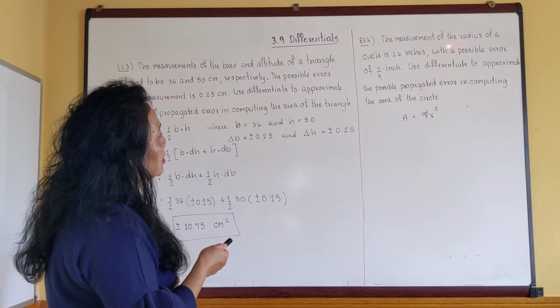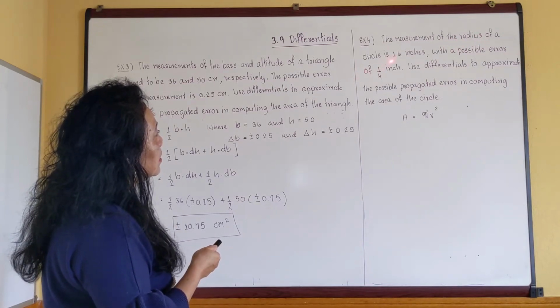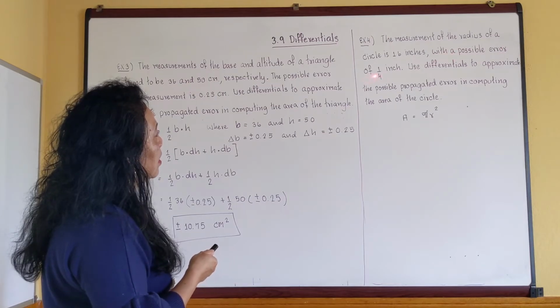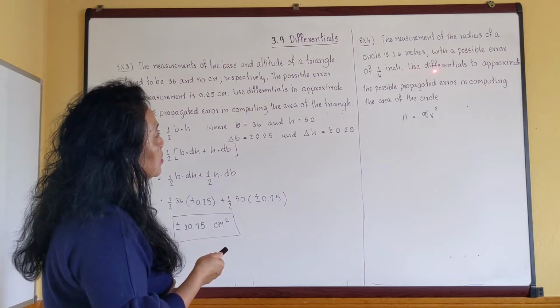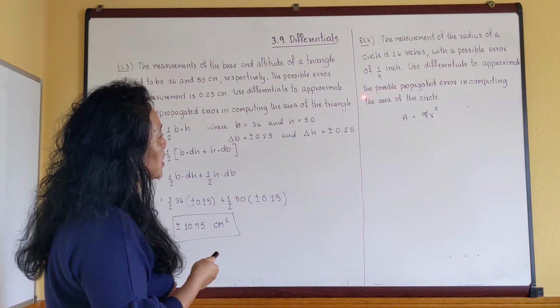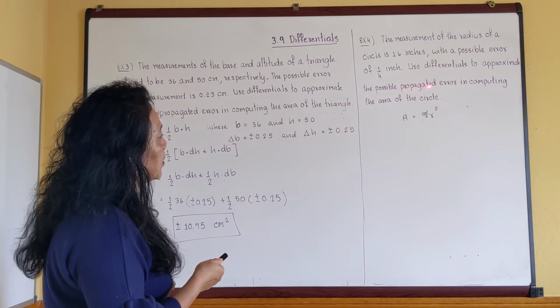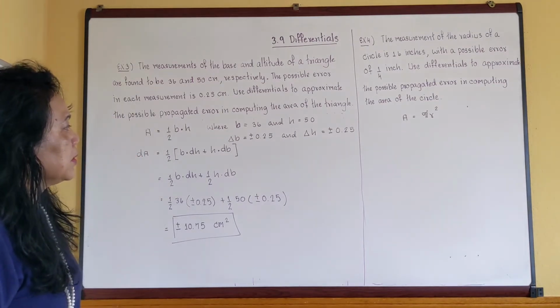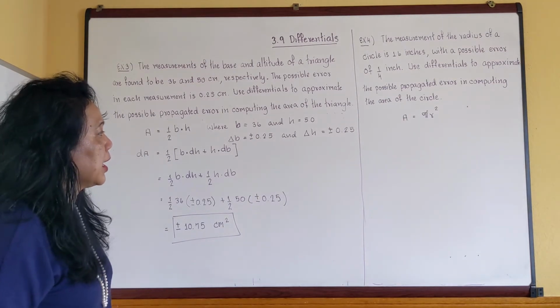The measurement of the radius of a circle is 16 inches, with a possible error of 1/4 inch. Use differentials to approximate the possible propagated error in computing the area of the circle. Same idea, but now we have a circle instead of a triangle.